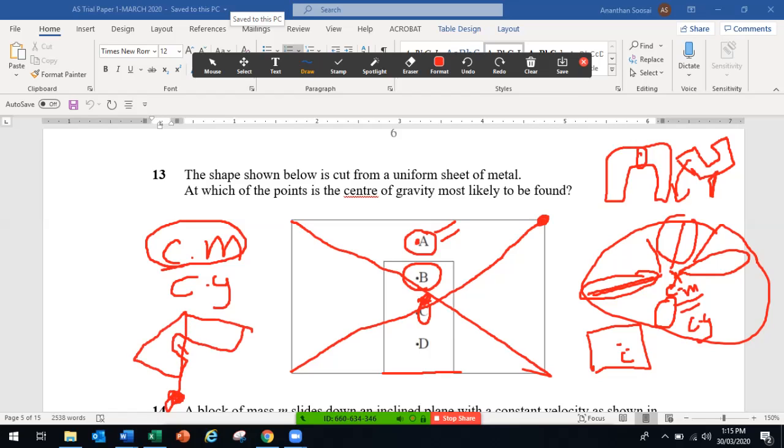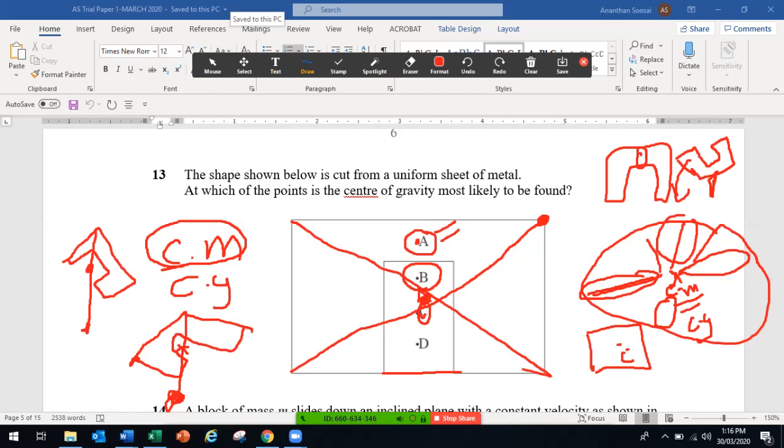So the center of gravity is definitely going to be out of the object. You put the plumb line here, then you're going to be like this, I think. It'll be like this. So a plumb line normally falls out of the object here, somewhere here.